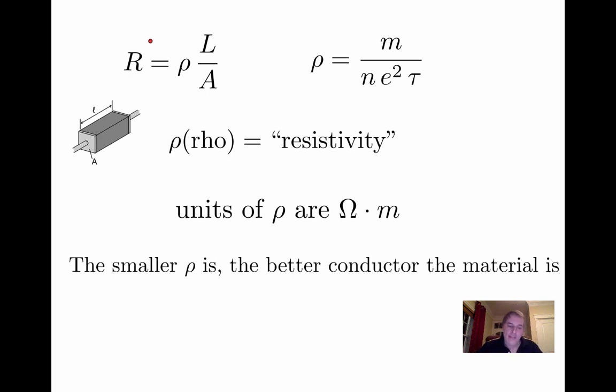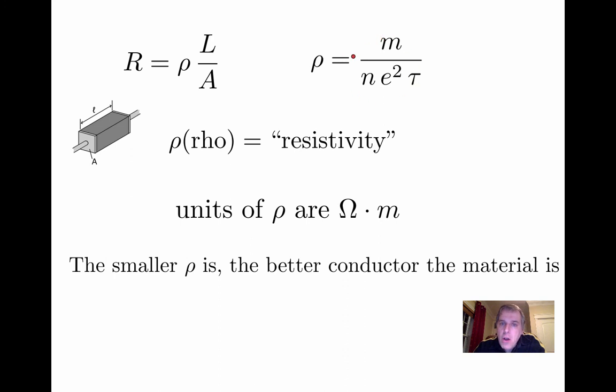If the charges have a longer distance to travel through the resistor, it's harder for them to go through when there's a lot of collisions. The resistance is inversely proportional to the cross-sectional area. If you make the area larger, there's more space for the free charges to move through, so there will be less resistance.